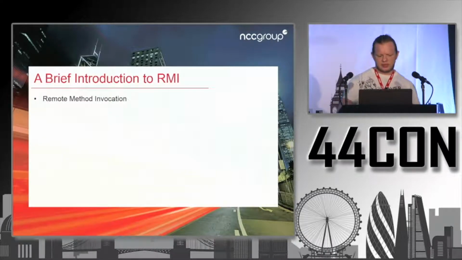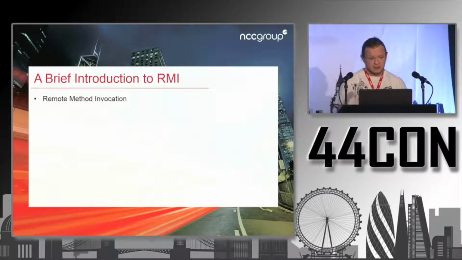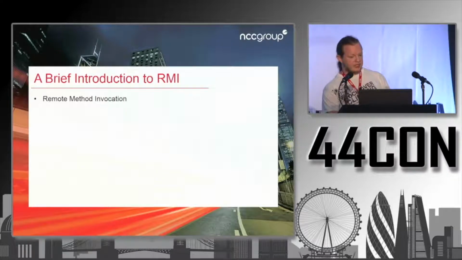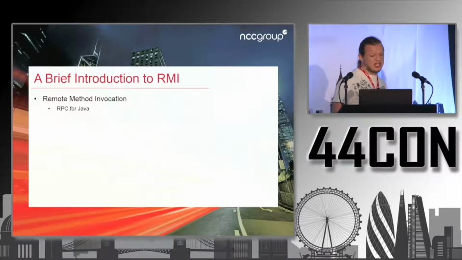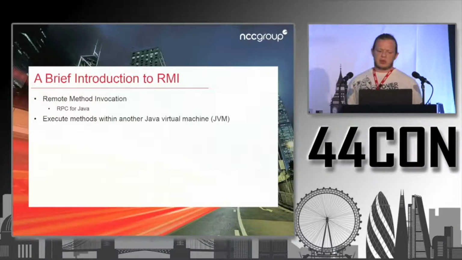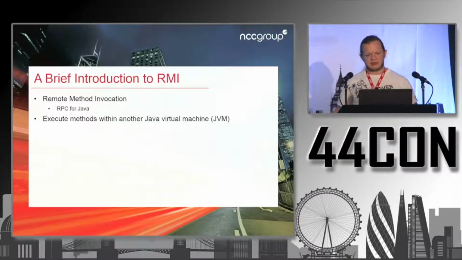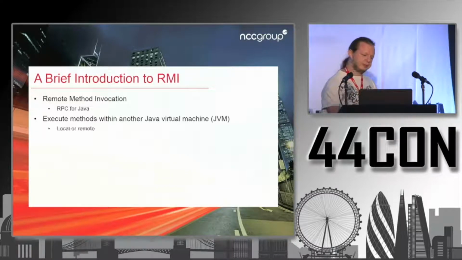So I'm going to start off with a brief introduction to RMI for anyone that's not familiar. Like I say, it's Remote Method Invocation, essentially RPC for Java. RMI allows us to execute methods, execute functions that exist within another Java virtual machine.